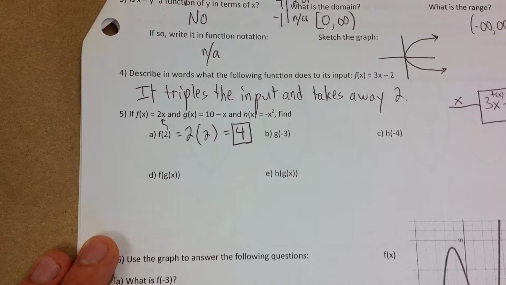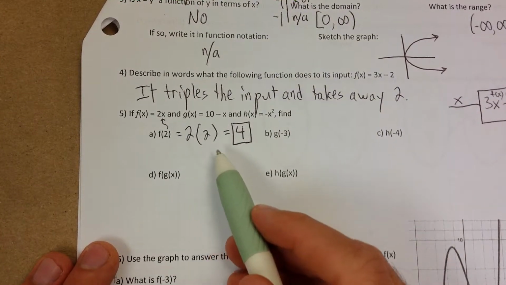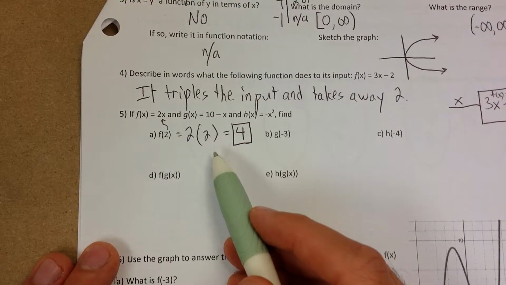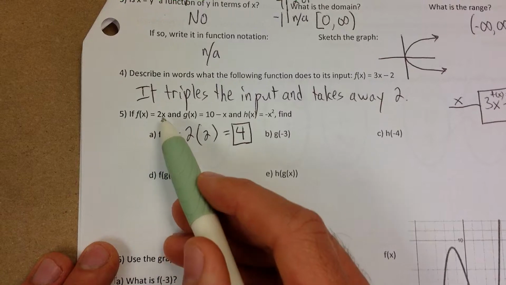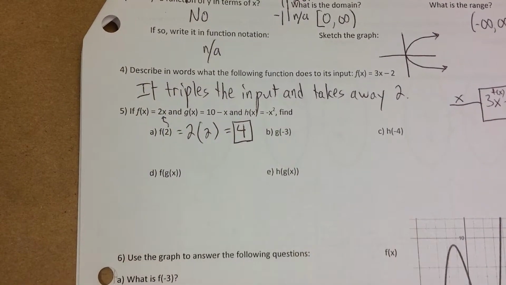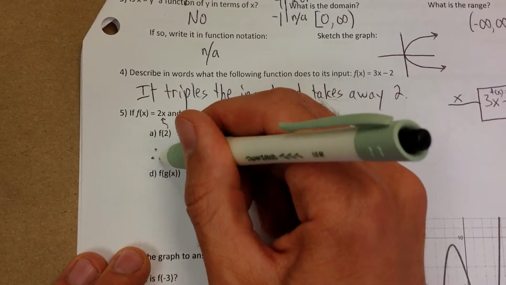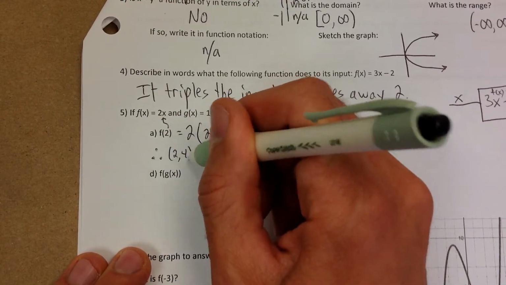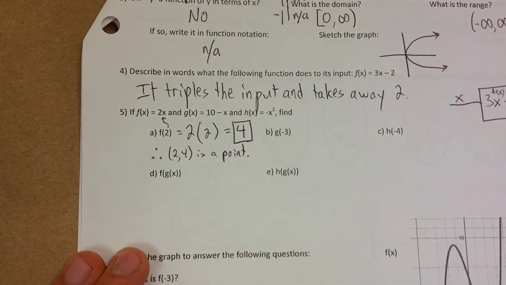So, Amber, from that, what do you know is a point on this function's graph? Based on what you just found, what do you know must be a point on the graph of f of x equals 2x? 2, 4. Excellent. Very nice.